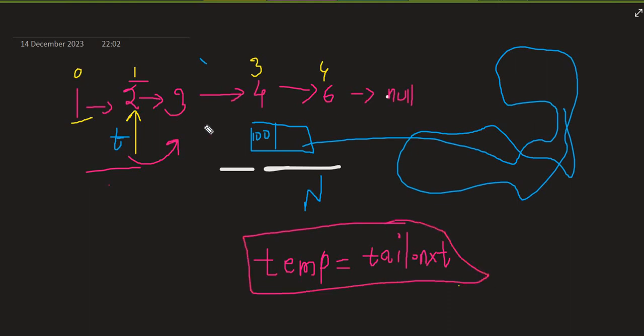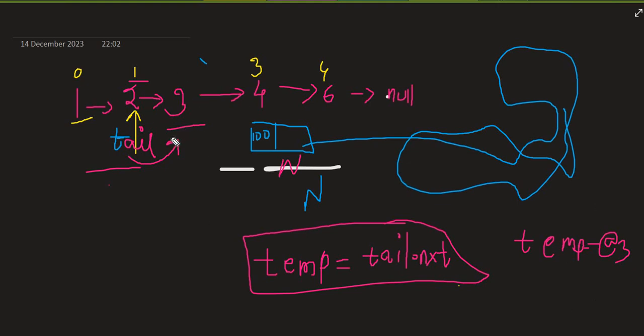Here in this case, what is the tail.next address? Temp will be the temp address, tail.next. Tail means T here. This is tail. This is n. Now I stored this tail.next, the address of 3, in the temporary variable.